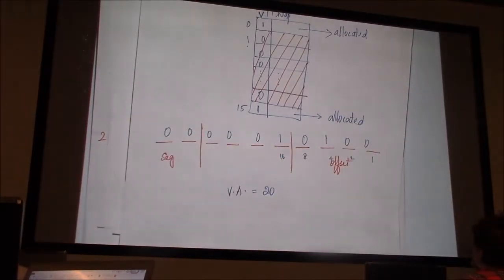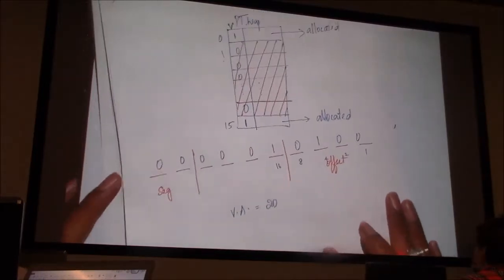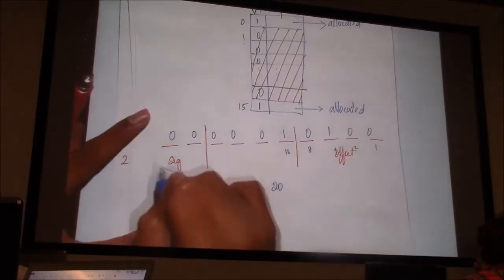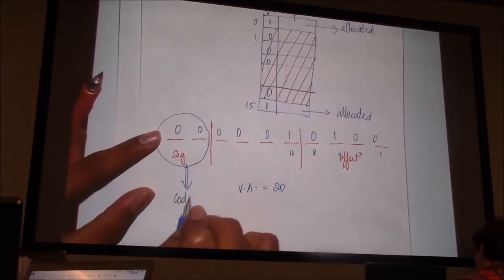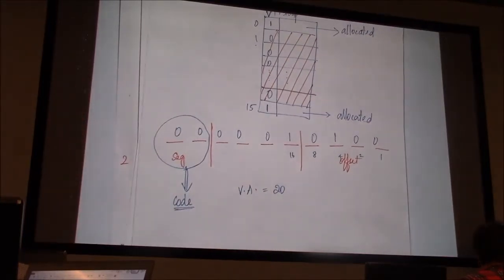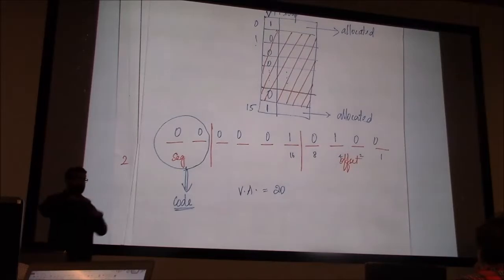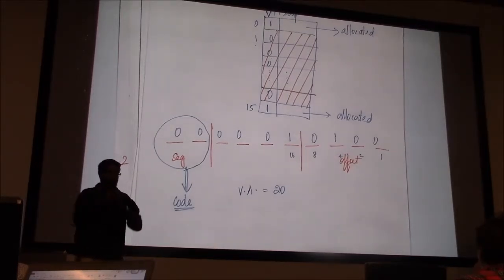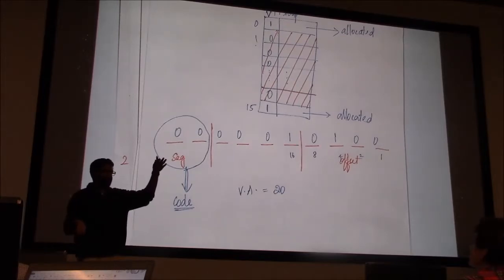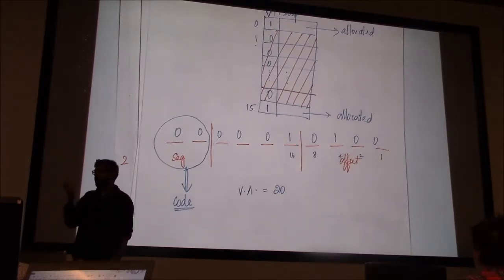If this is the virtual address we are talking about in this scheme, then just from these 2 bits, we can figure out this is in the code segment, okay? But after figuring out that this is in the code segment, we are not trying to compute a global VPN, a VPN across the entire virtual address space, but we are trying to compute a relative VPN, relative virtual page number.